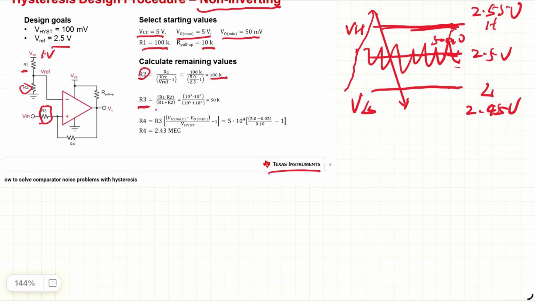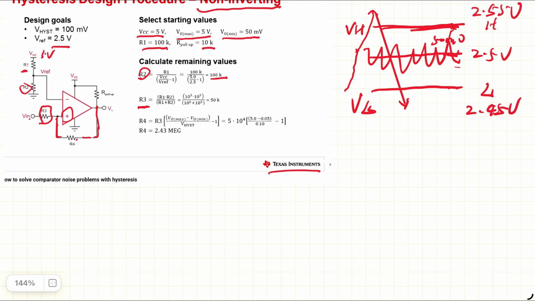Before we talk about R3, let's talk about the topology here. Our input goes through R3 and to a feedback resistor and then to the output. If you are familiar with op-amp amplification circuitry, you know this is bad, because the feedback goes to the non-inverting side, so we basically have positive feedback.